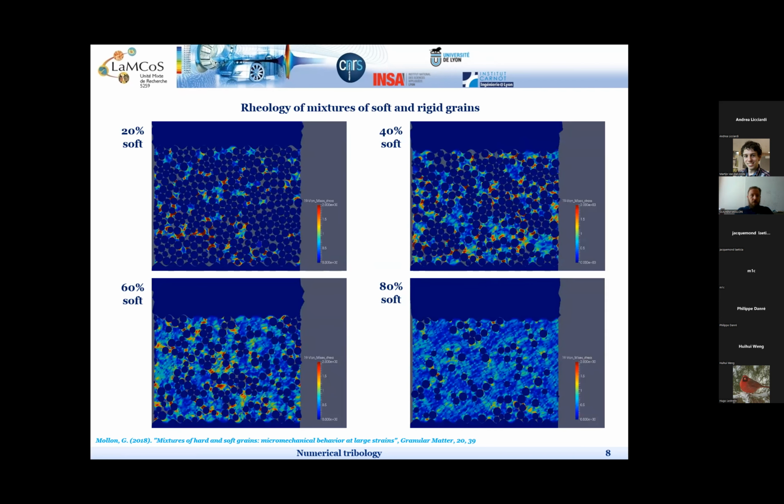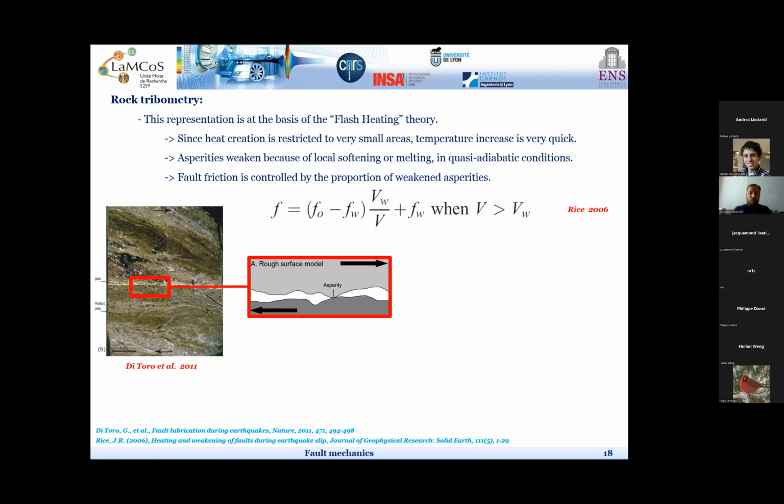And this representation is at the basis of the famous flash heating theory. This theory states that since heat creation is restricted to very small areas, we will have a very quick temperature increase in these areas, in these so-called asperities.